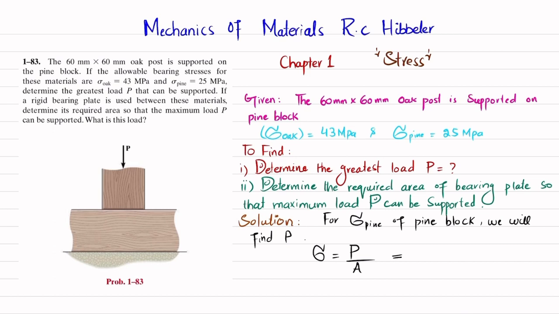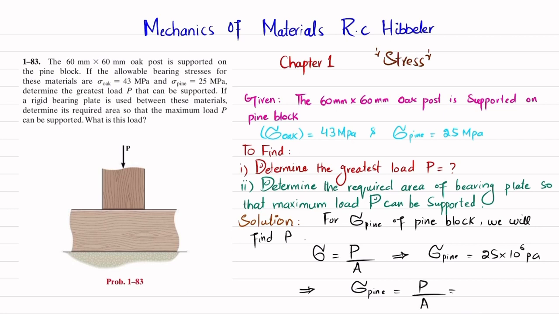For this pine block, the allowable stress is 25 megapascal, so 25 into 10 to the power 6 pascal. So the pine allowable bearing stress will be equal to load divided by bearing area.